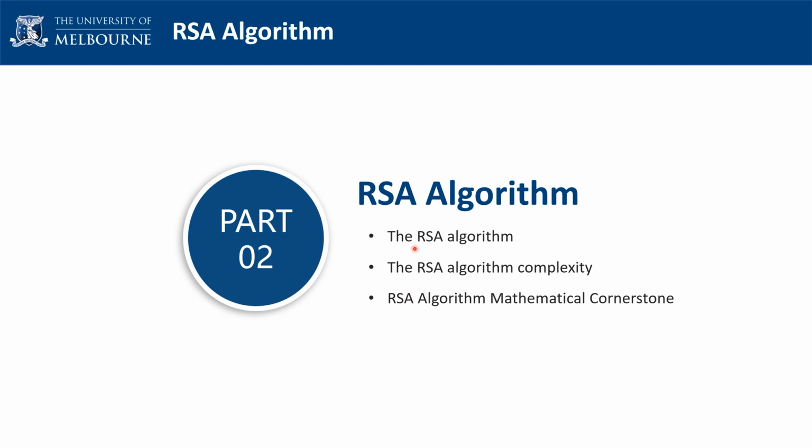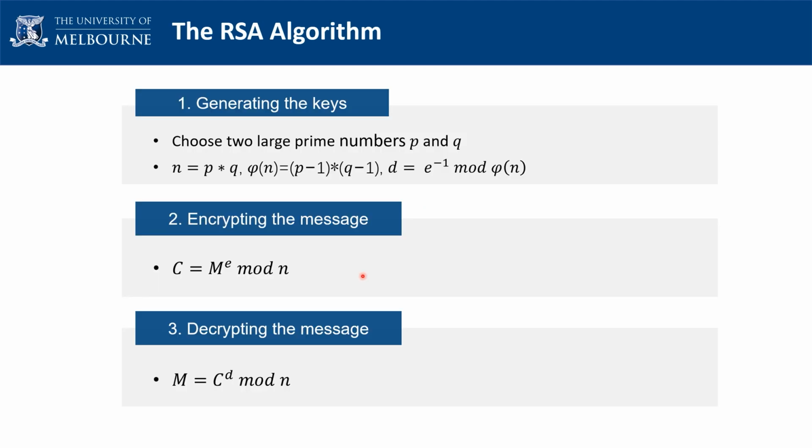RSA is named after the initials of 3 designers, Rivest, Shamir, and Adleman. The algorithm has 3 main steps, which include generating the key, encrypting the message, and decrypting the message. In the part of generating the key, first choose 2 large prime numbers P, Q, and then calculate n equals PQ, and phi n equals P minus 1 times Q minus 1, and d equals the inverse of e mod phi n, and then encrypting the message using the public key.